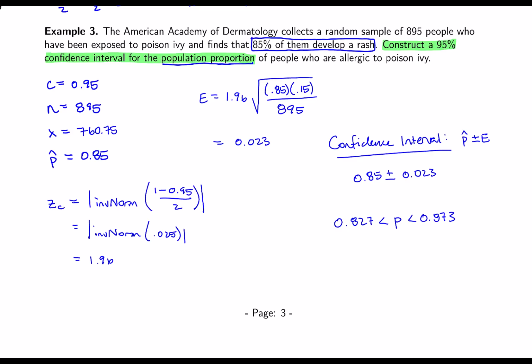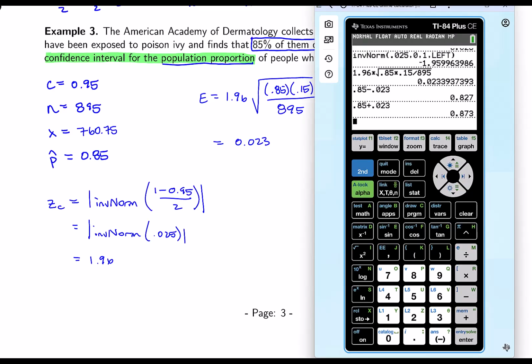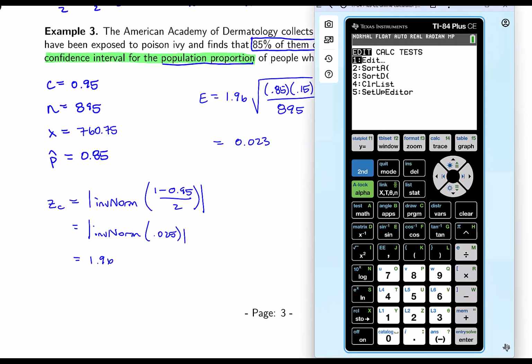But the TI provides some convenience methods here as well. We saw one for calculating the confidence interval for the mean, and likewise, there's one here for confidence intervals for proportions. It's all under the stat menu, and under the stat menu, you go over here to tests, and again, you just have to understand how it labels things.